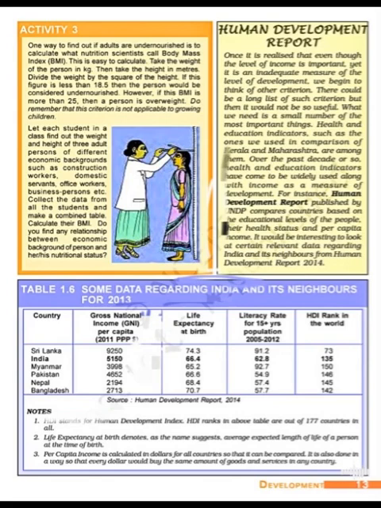Now on page 13, table 1.6 is given. Let's see it. Here they are talking about HDI, the Human Development Index, which is an index prepared by the United Nations Development Program that ranks countries in order of development.